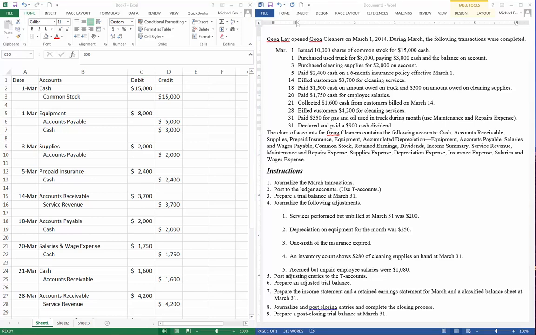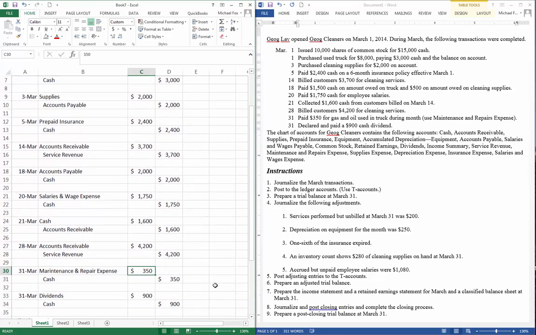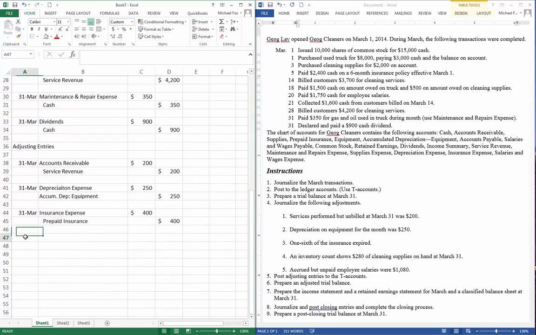Which means we must have used $1,720 worth of cleaning supplies. So supplies expense 1,720, which is the 2,000 that we had minus the 280 that are left. And we're going to reduce the asset supplies.